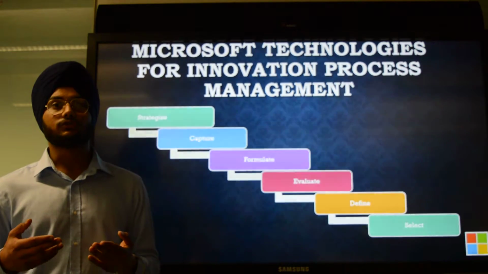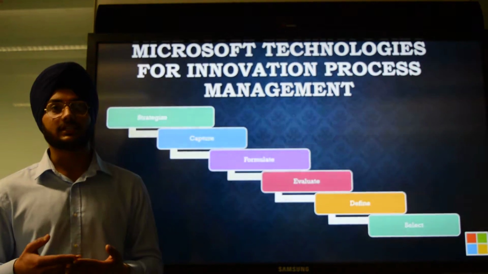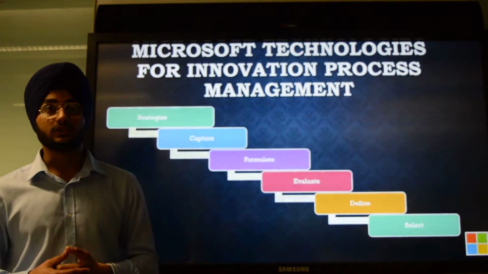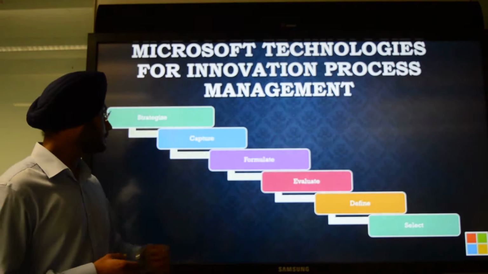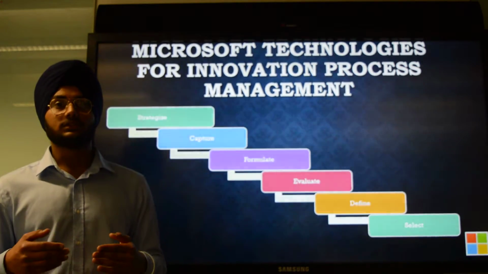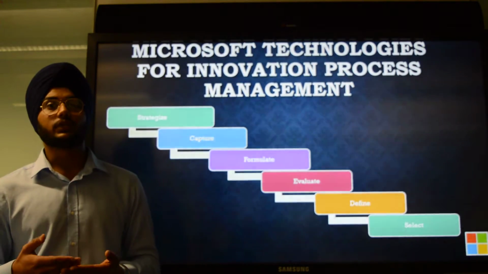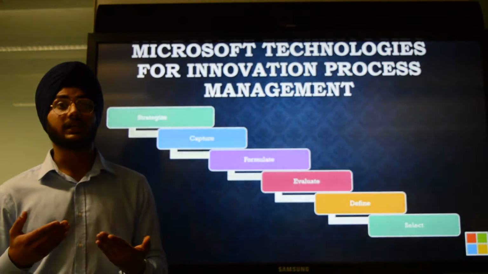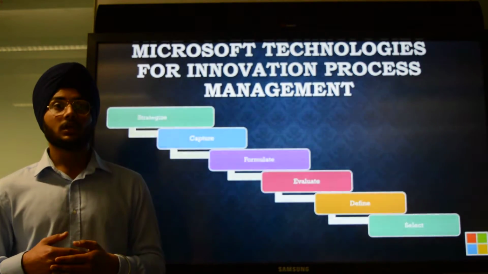Employees can search to find experts both internally and externally, and they can search back-end systems to gather sales history data to develop a business case. Formulate. Ideas are formulated according to business cases that include strategic impact, market potential, financial analysis, as well as SWOT analysis. Evaluate.